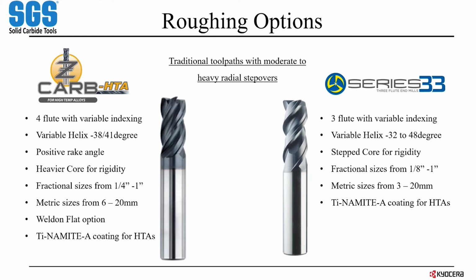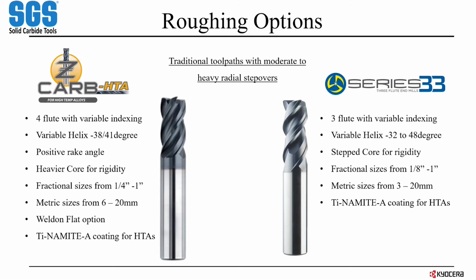It does have positive rake angle, so you get good shearing effect there. And because it was specifically designed for HTAs, it has a heavier core, so that makes it a more rigid tool. It holds up to those stresses of the cut more effectively. A lot of size options. You can get a weldon flat, and it does come with Dynamite A coating, which is one of our coatings that is well suited for high temp alloys.